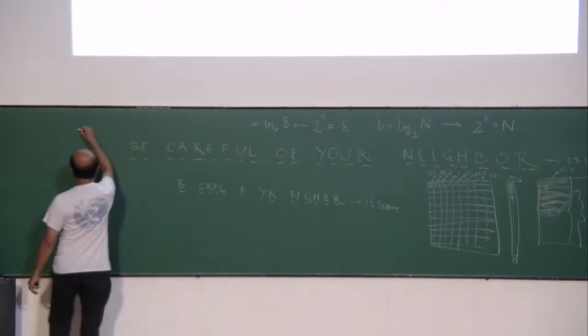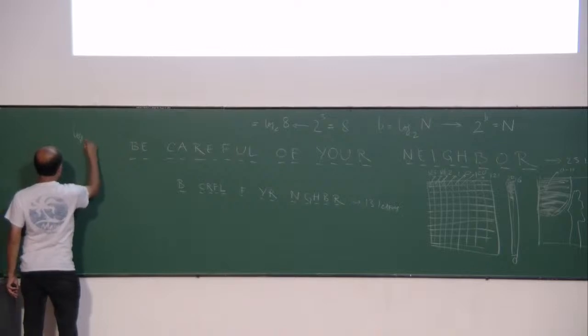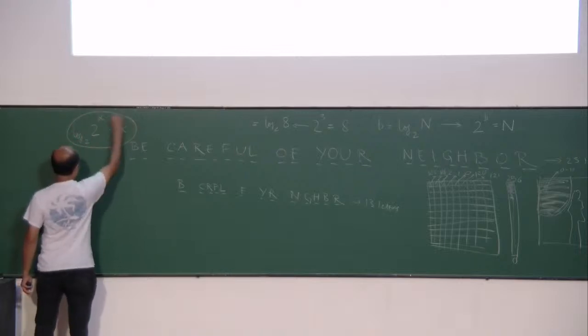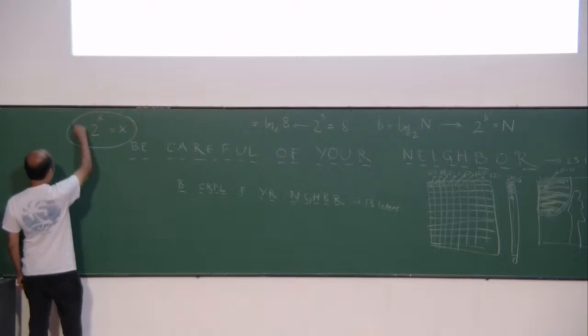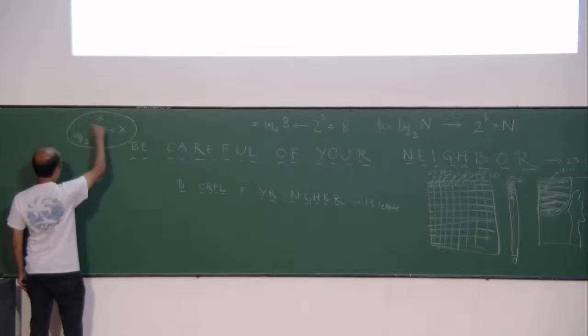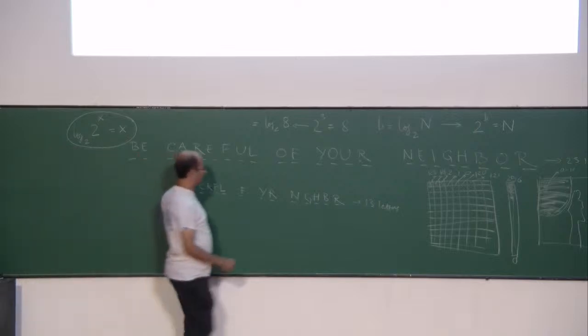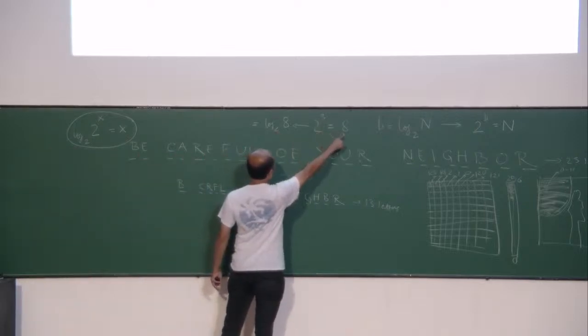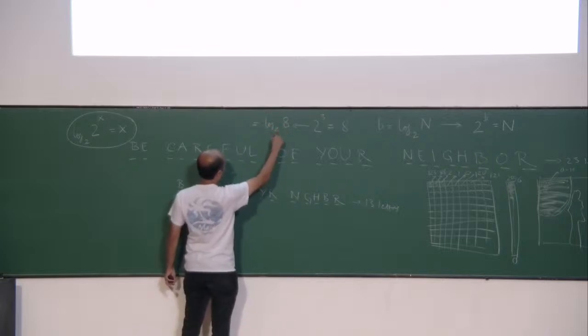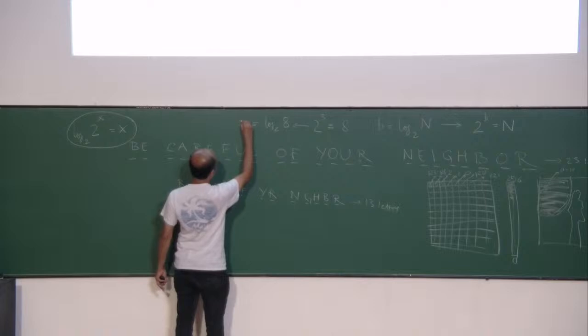We know that log base 2 of 2 to the power anything, x, will just give me x, because log is just an operation which tells you to what power this particular number is raised to give you a particular value. So it just gives you the power x. Since 2 to the power 3 is equal to 8, log of 8 to the base 2 is basically just 3.